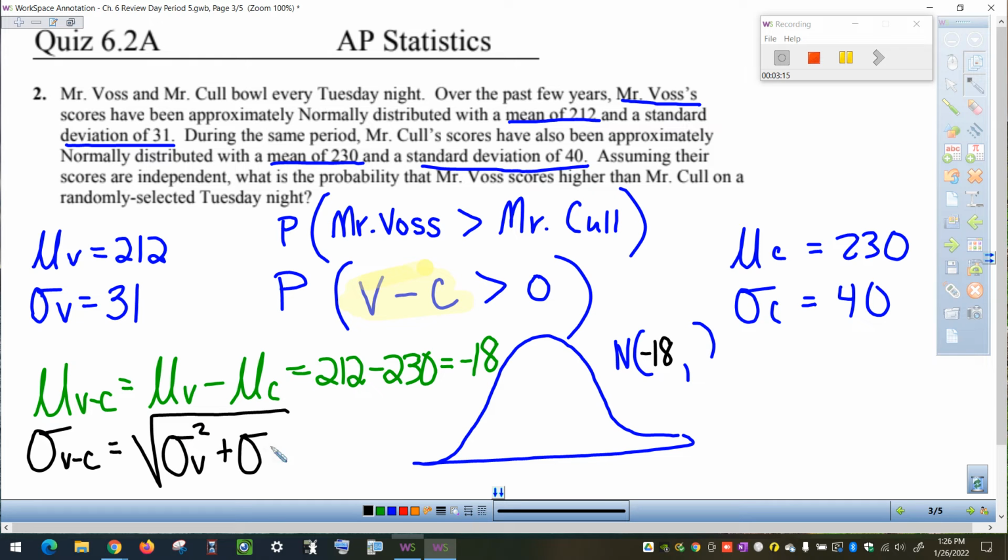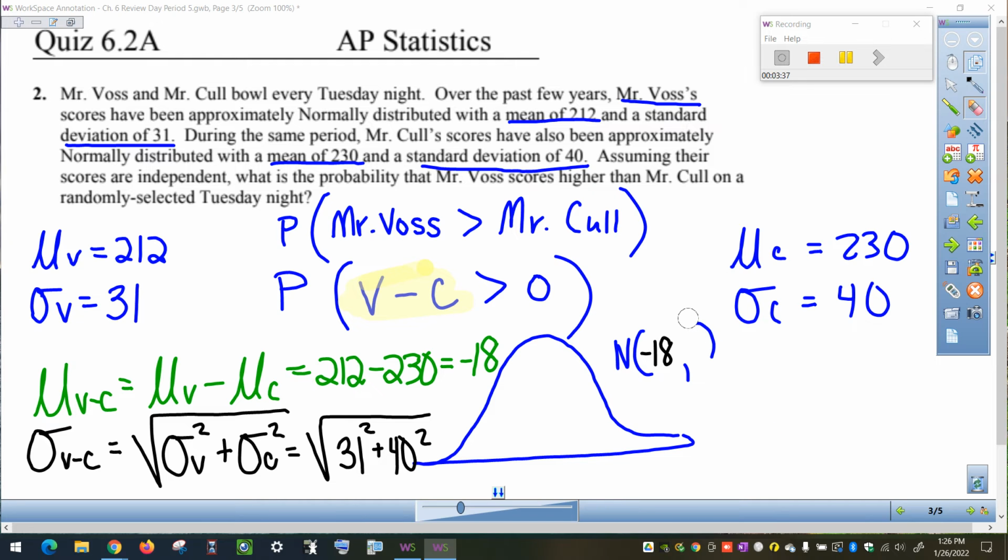So that means that we're taking the individual standard deviations, we're squaring them, we're adding them together, and then we're going to do the square root. All right, so it should just end up being the square root of 31 squared plus 40 squared, and that gives us a standard deviation of 50.61.